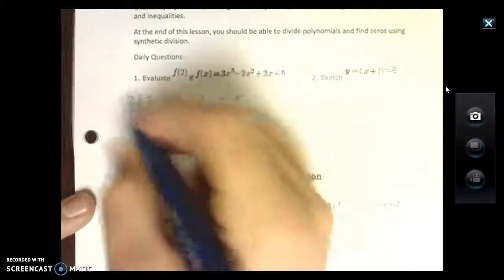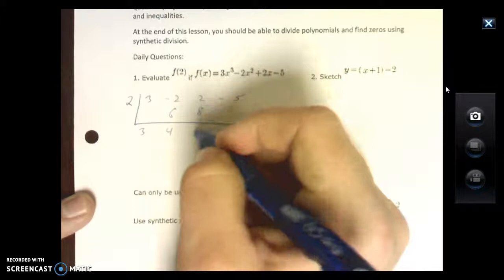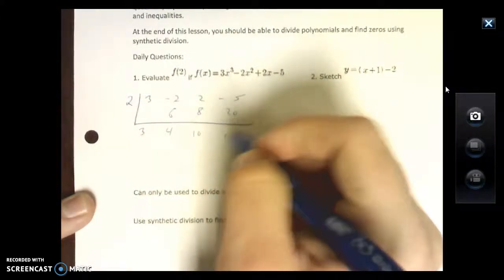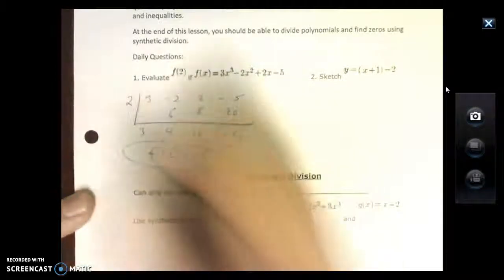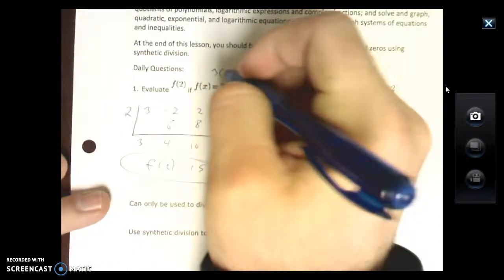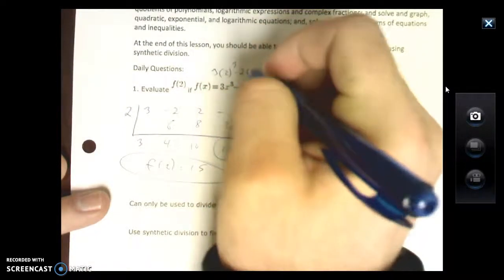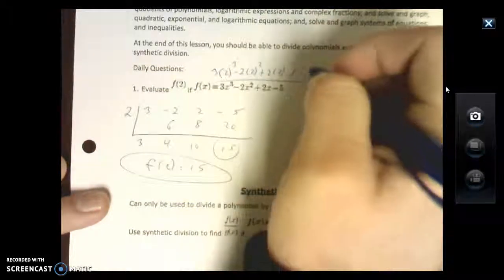Here's your 3. Multiply is 6. Add, multiply, add, multiply. And then your answer for f of 2 would be 15, right? So you could also, if you really wanted to, up top here, just replace all of the x's with 2, and you can get your answer this way as well.